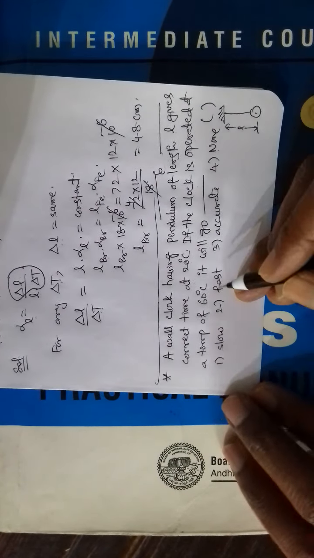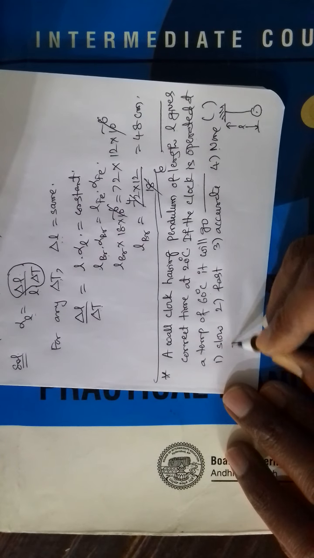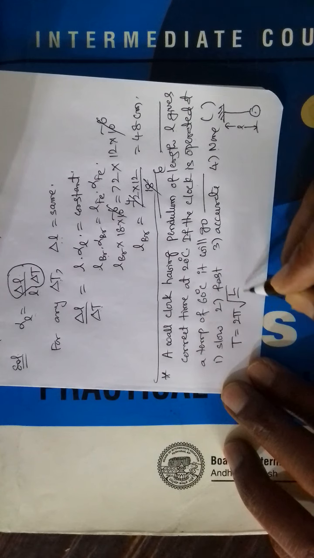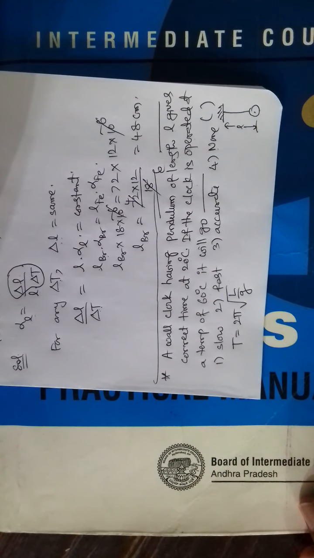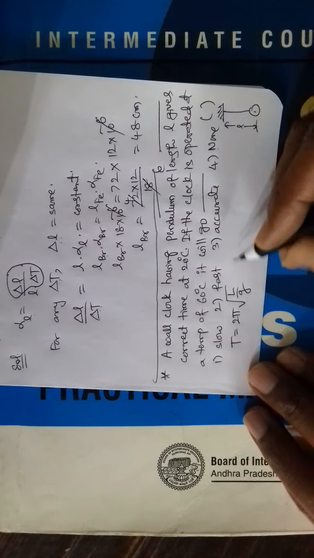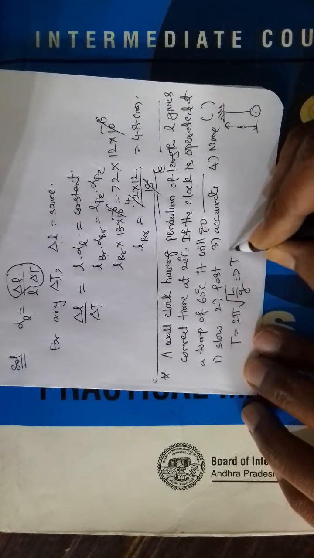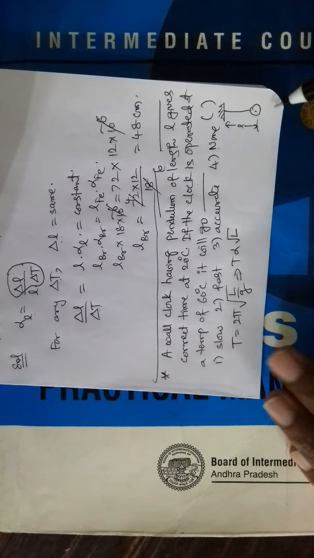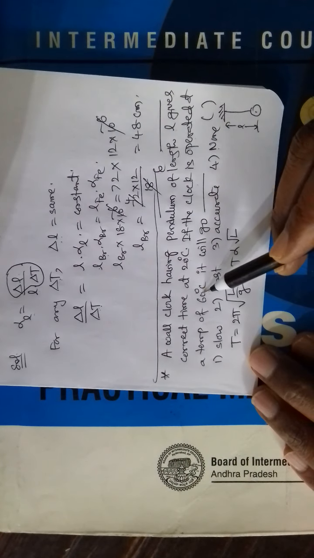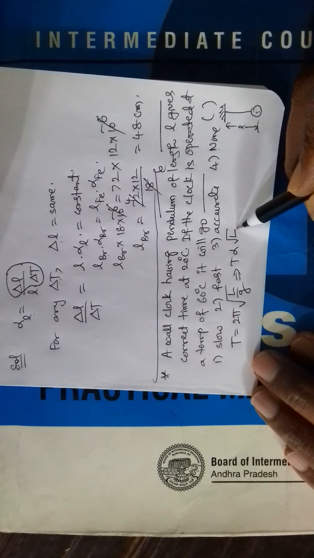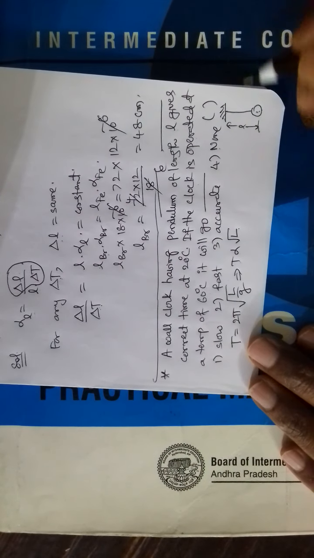The time period T is equal to 2 pi root L by G. At a place G is constant, therefore T is directly proportional to root L.